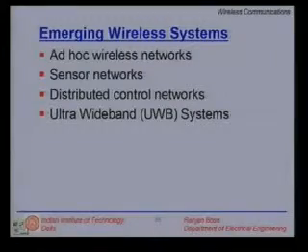For example, the tsunami disaster could have been less devastating if a good sensor network was in place. Earthquakes, forest fires, floods, etc. can be predicted by sensor networks, or at least advanced warning systems can be generated using sensor networks. Another evolving technology is distributed control networks, and of course the ultra wideband communication systems. Let's briefly look at each one of them.